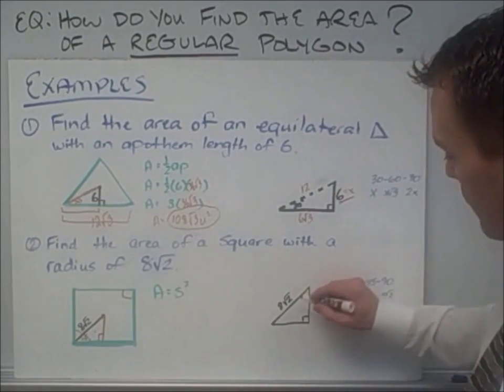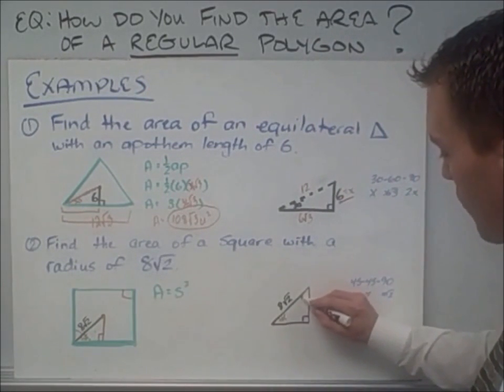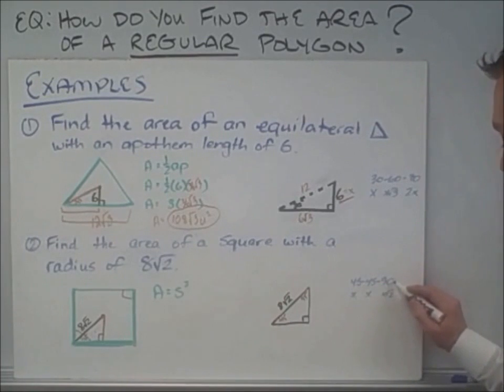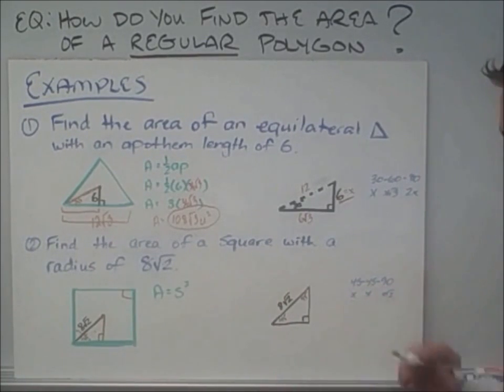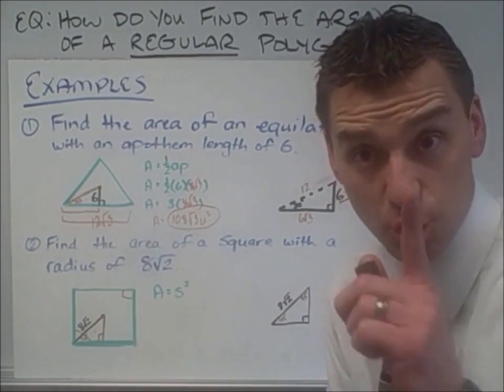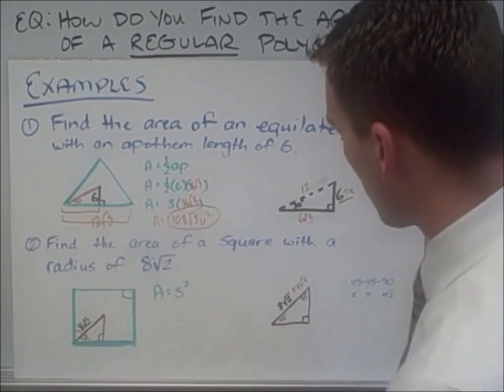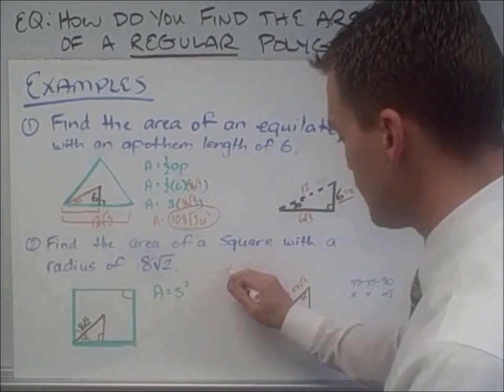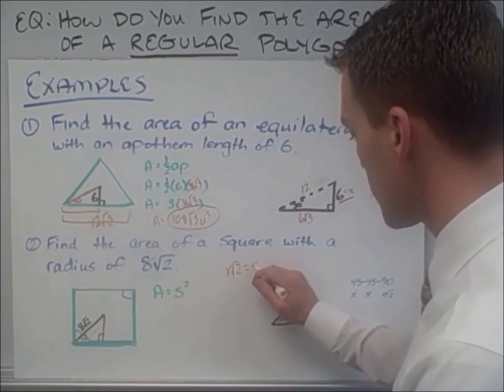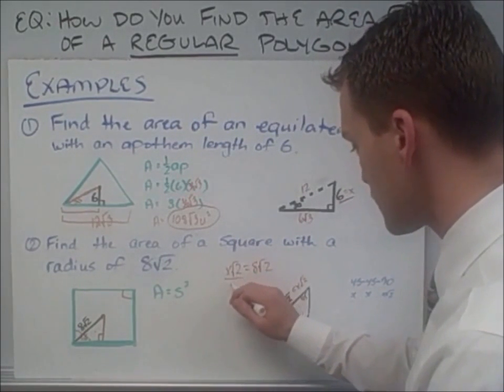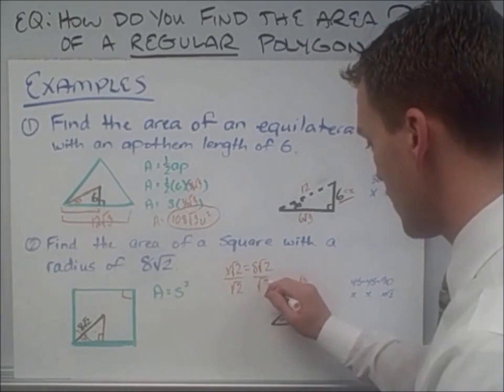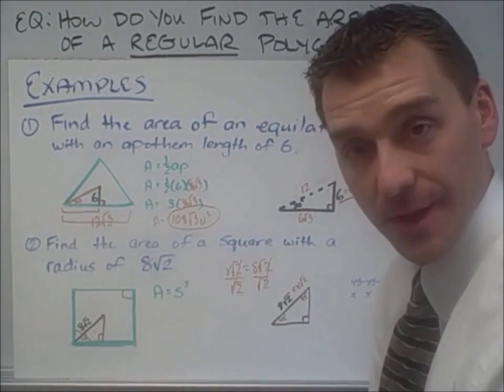So I'll pull that triangle over here. So this is 45, 45, 90. And my 45, 45, 90 triangle theory, remember, x and x root 2 is what the side lengths are. So that means across my 90 is x root 2. So if I'm going to do the math on that, x root 2 equals 8 root 2. Check this out. Divide both sides by root 2. The root 2's cancel. That's pretty cool.